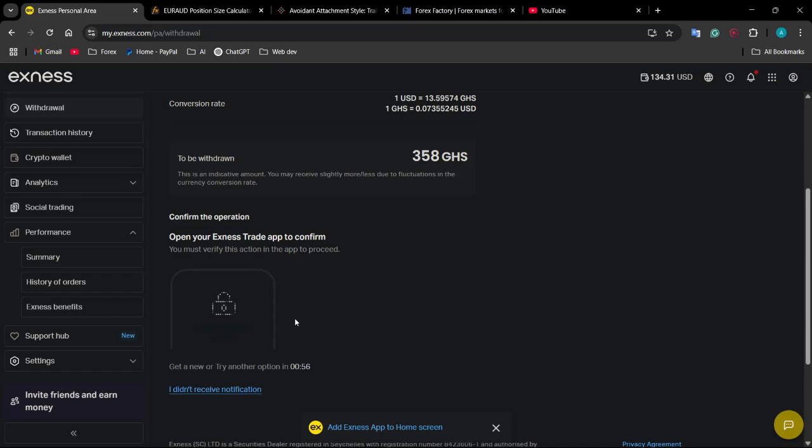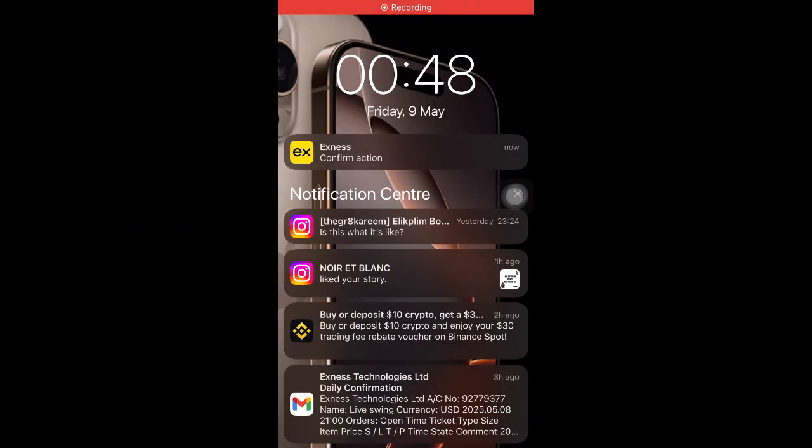So they're asking me to open my Exness app. So let me record it on my phone and show you guys. So as you can see, this is my screen right now, to withdraw some funds.